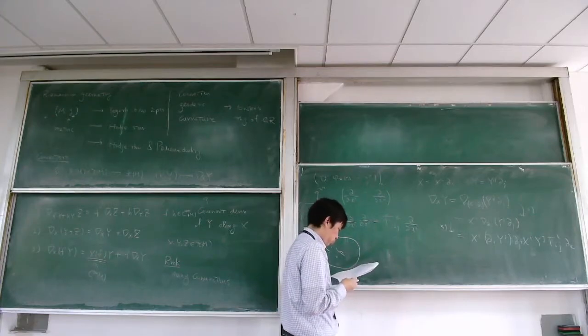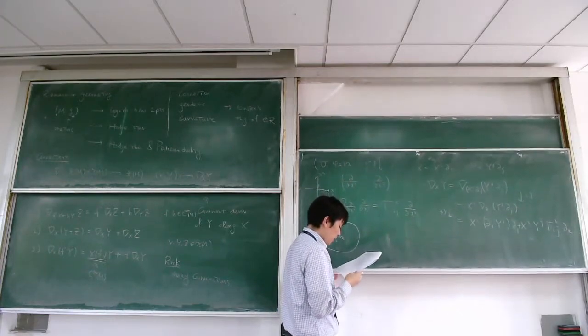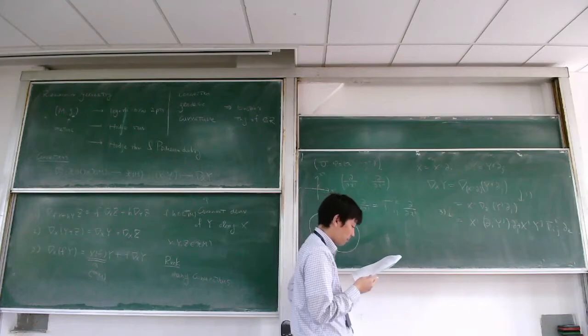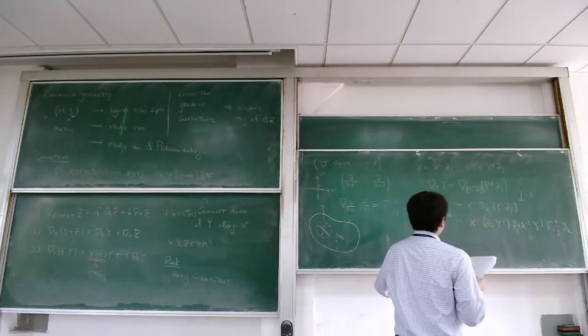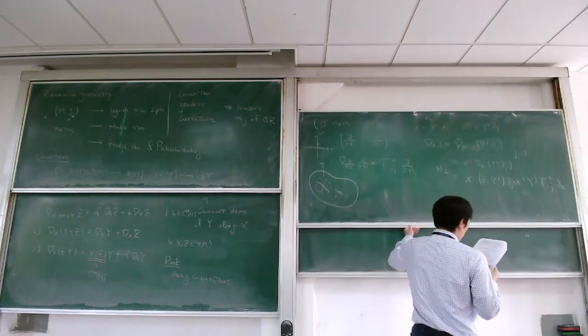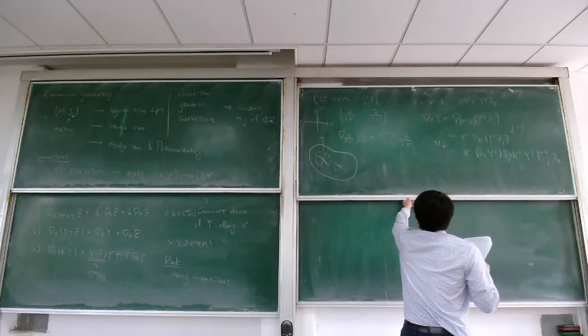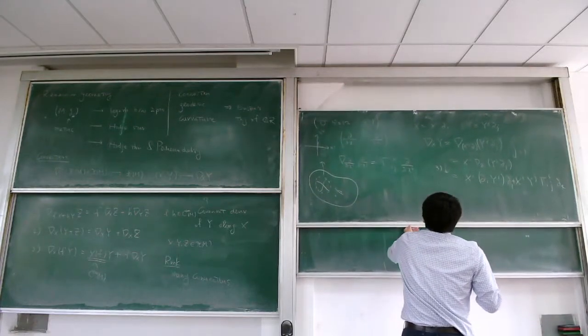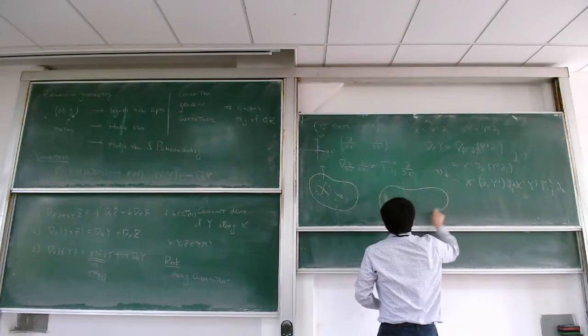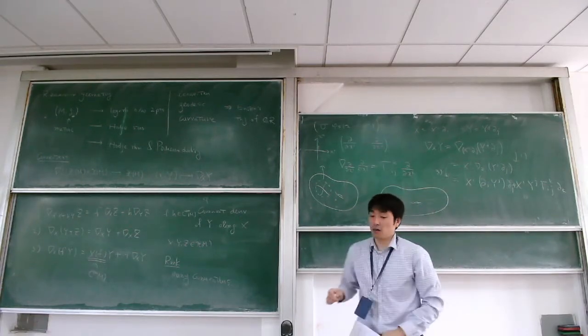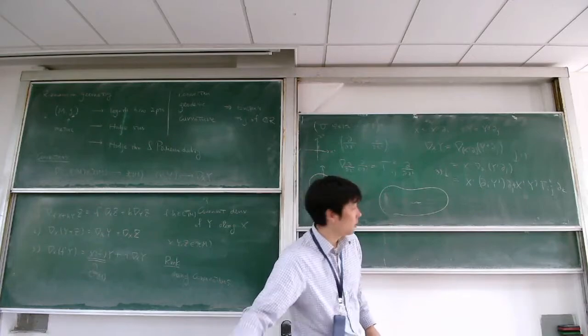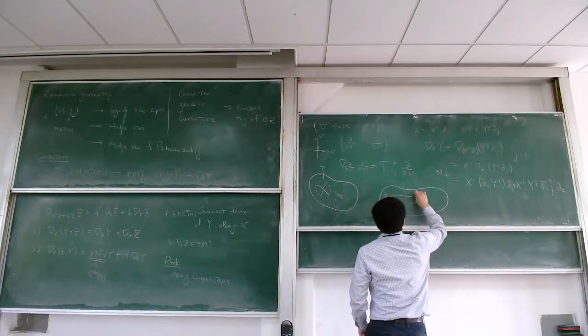Another way to define the connection is to introduce the so-called covariant derivative along a curve. Again, you have a manifold and you consider a curve gamma.